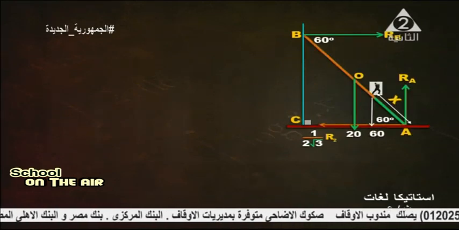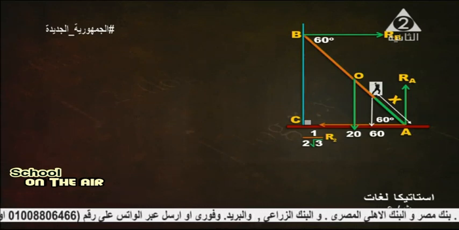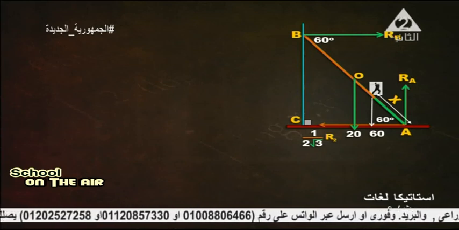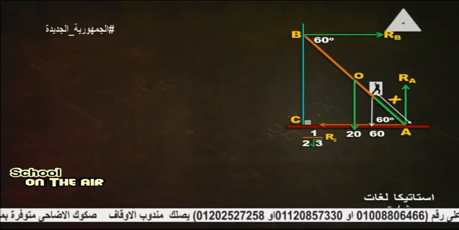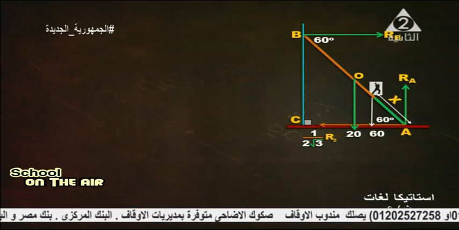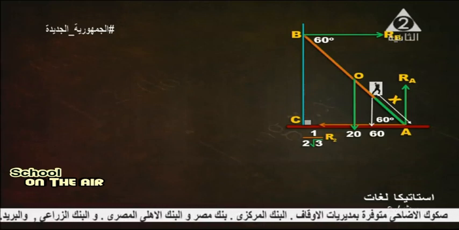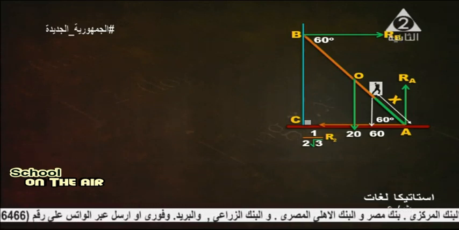Look at the solution. We have AB is a ladder, inclined to the horizontal with angle 60. We have a rough plane at A, which has reaction RA and friction mu R, or 1 over 2 root 3 times RA.